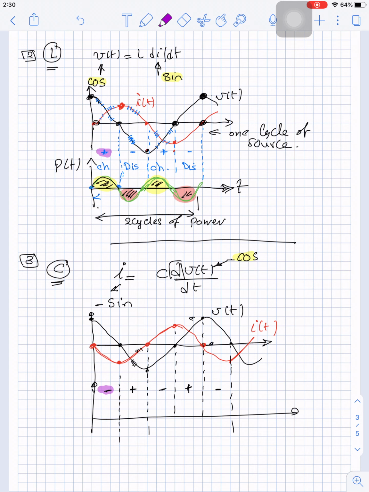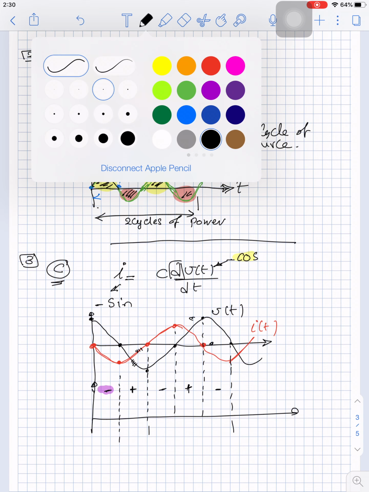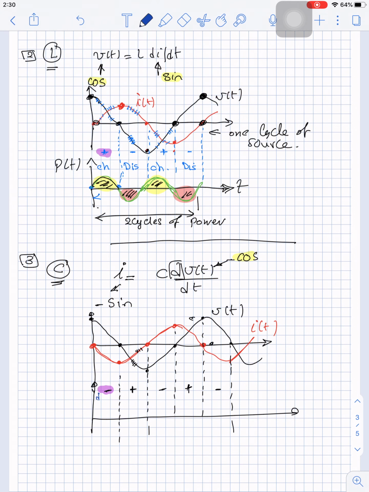So when the inductor is charging, the capacitor is discharging. Okay? So if we write here, this will be discharge, this will be charge, this will be discharge, this will be charge, this will be discharge. So when the inductor here is charging, the capacitor is discharging. They are doing the opposite.